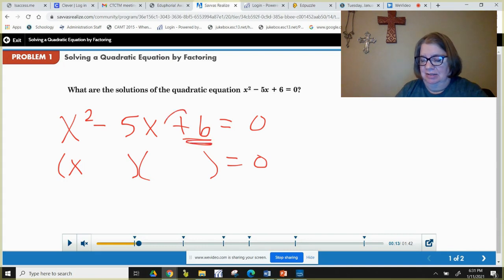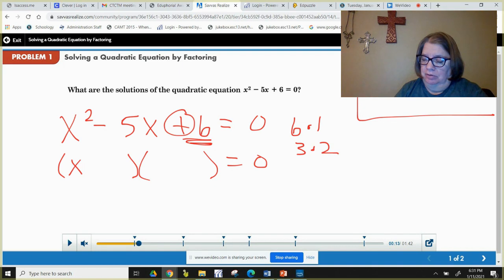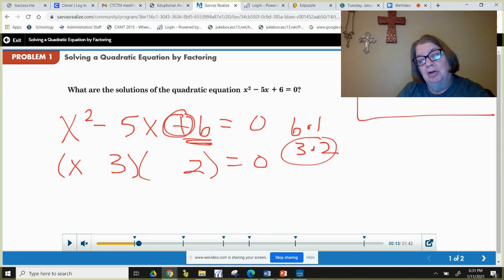Numbers that multiply to 6, because this is positive, I want them to add to 5. Factors of 6, 6 and 1, 3 and 2. Which ones add to 5? We're going to use 3 and 2. To multiply to a positive 6, they have to have the same sign. To add to a negative 5, they have to both be negative.